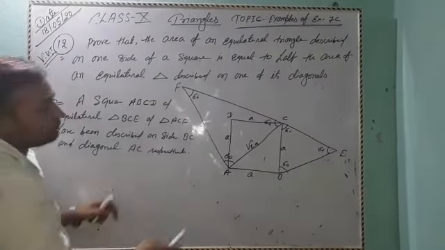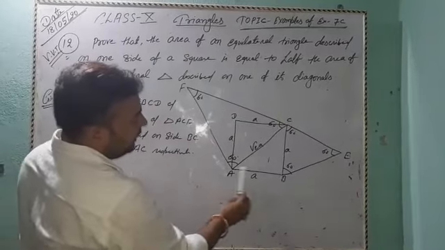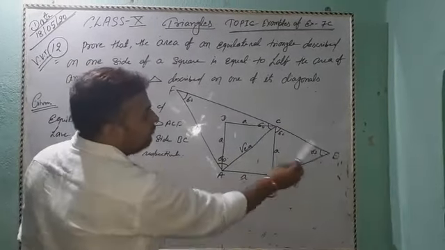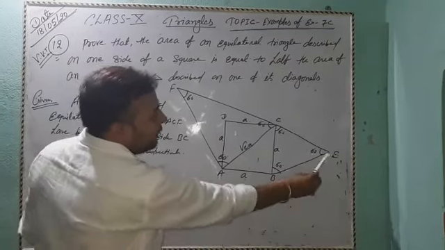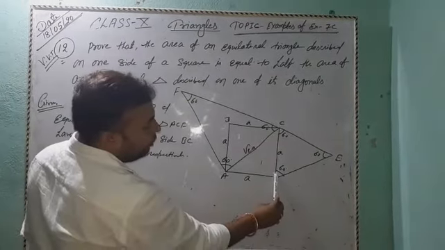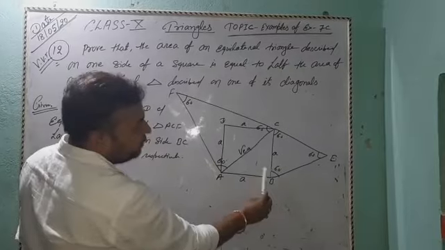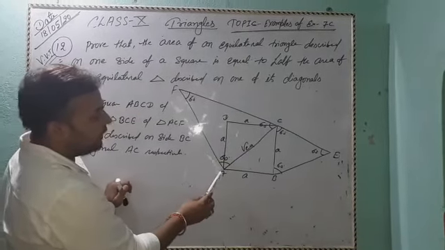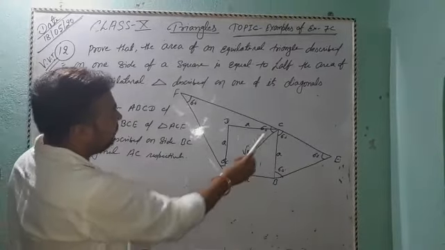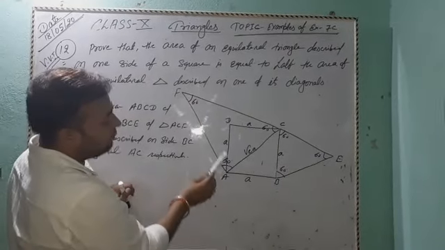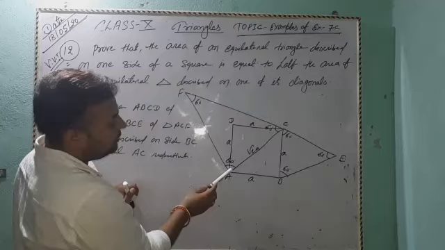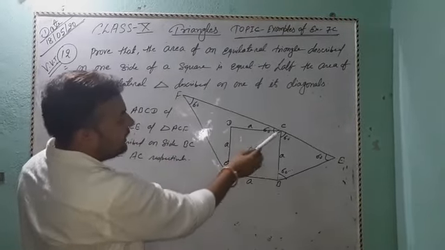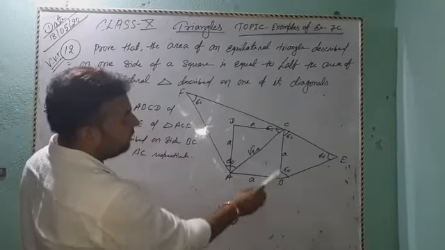So if ABCD is a square and BEC is an equilateral triangle described on side BC of the square ABCD, and the other equilateral triangle ACF is described on the diagonal of the square ABCD.